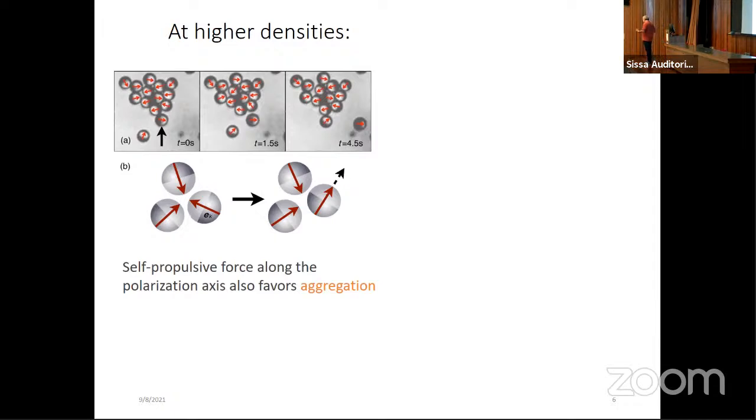And this is a very much studied, quite understood fact that is called the mobility-induced phase separation. So these active colloids, even in absence of any attractive force, make a phase separation between a low density phase and a phase made by high density clusters.